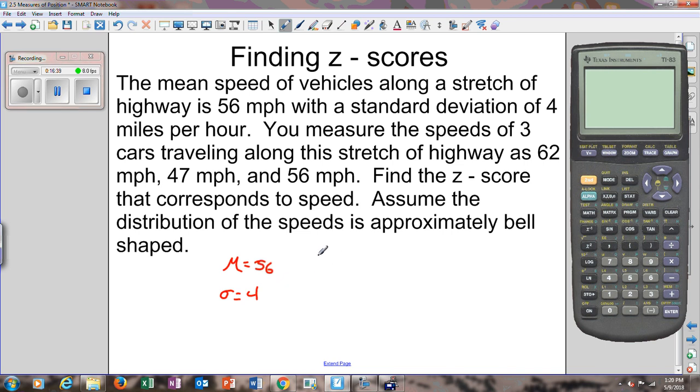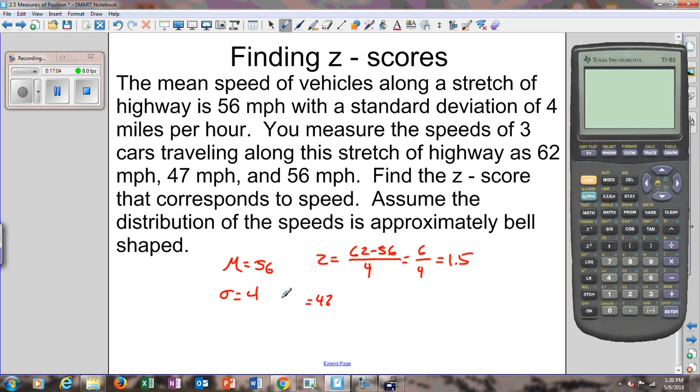Okay, so the first Z-score would be Z equals 62 minus 56 over 4. 62 minus 56 is 6 over 4, so that would be 1.5. Your second one would be 47.